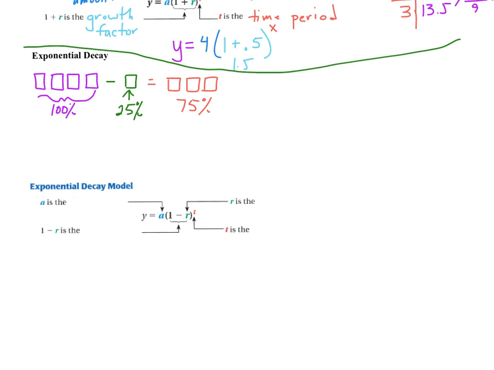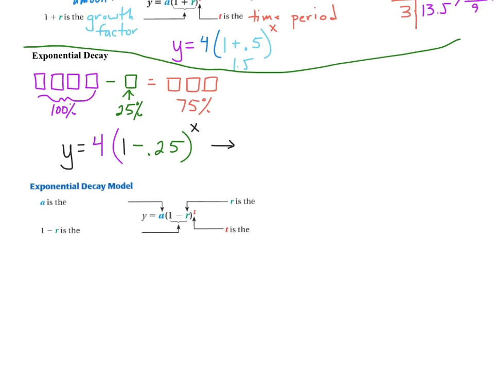I'm going to show that, sorry, I'm trying to get my photos here. All right, so we had y equals, so I have my 4, that's my initial amount that I had. And then I always have a 1, but we took away 0.25, 25%, right? And then I have it to some exponent.